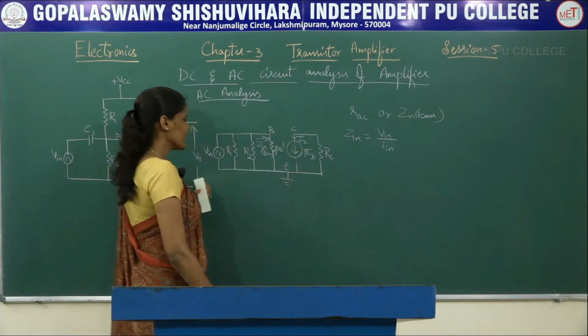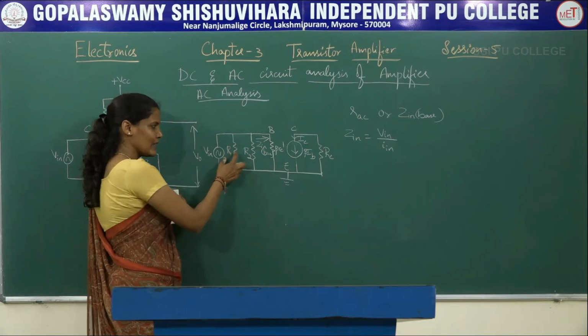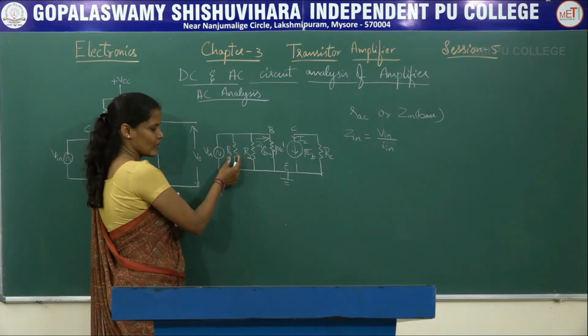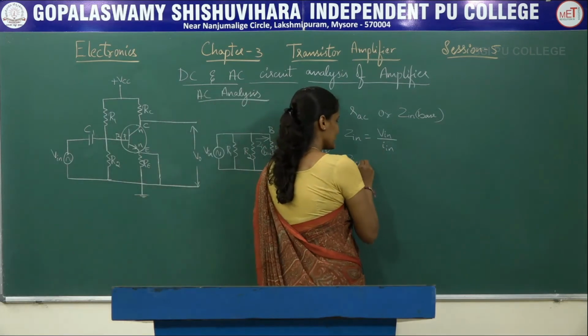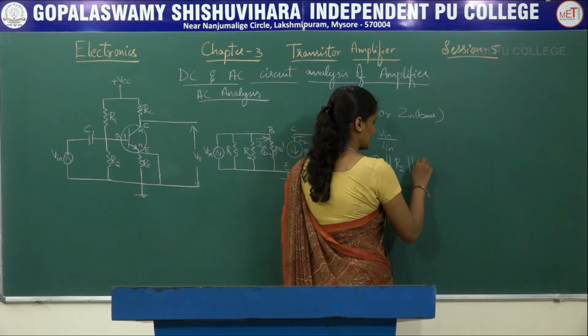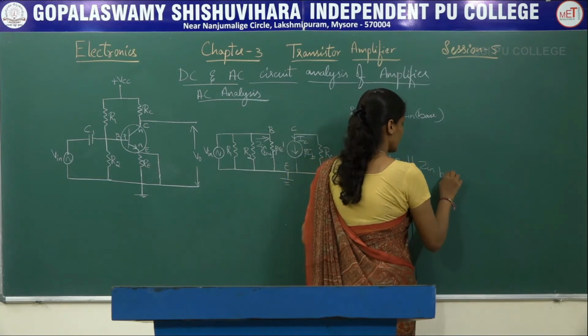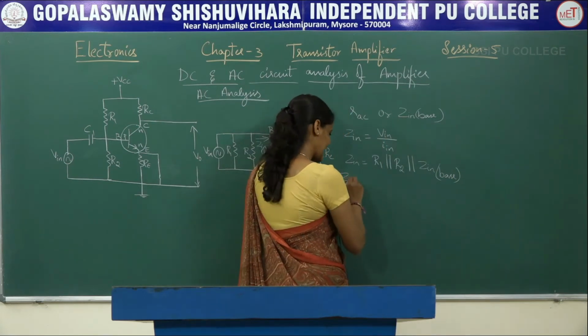Looking towards the base, I have three different resistors, R1, R2 and the Zin base. So Zin is nothing but R1 parallel to R2 parallel to Zin base. So this Zin base has to be calculated.